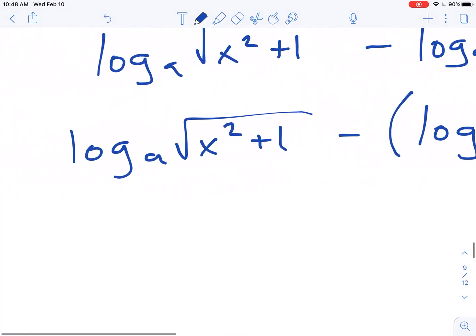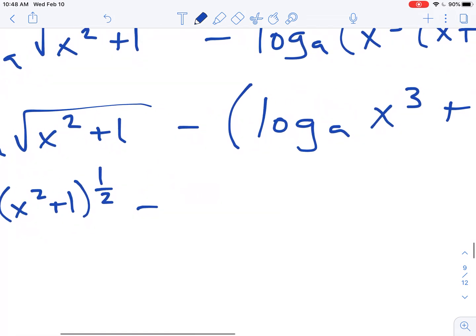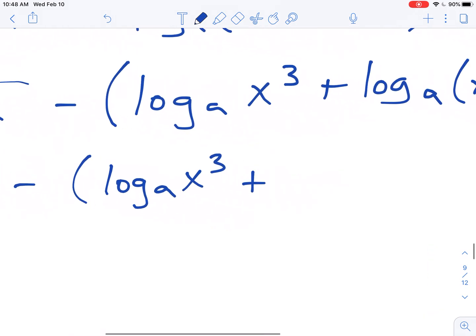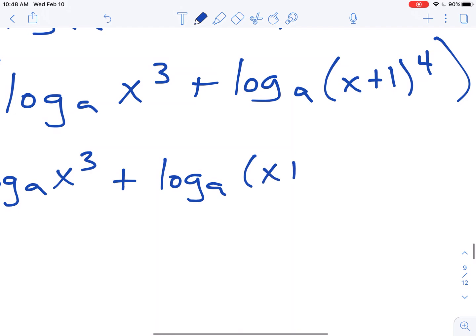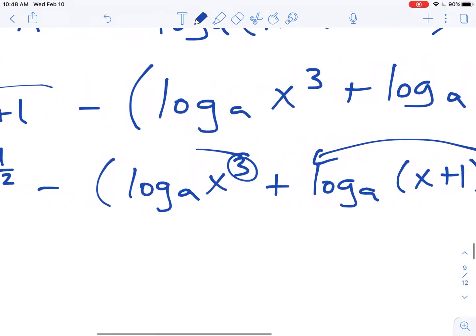I could then rewrite this as the log base a of x squared plus 1 to the 1/2 power minus, in parentheses, the log base a of x cubed plus the log base a of x plus 1 to the 4th. And then from here, I can move all of my powers as factors.